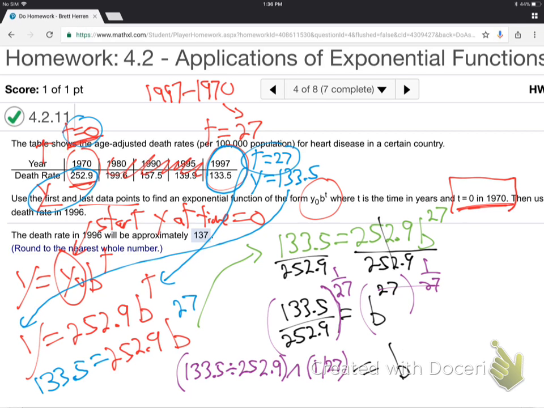So I did 133.5 divided by 252.9, to the power of 1 divided by 27. The 1 over 27 is in parentheses, and 133.5 divided by 252.9 is in parentheses. What am I getting? 0.9766. I don't know how many places. Oh yeah, we're supposed to use 6 places till the end, huh? So I'll throw on a 15. Y'all getting that? 0.976615? Is that okay?